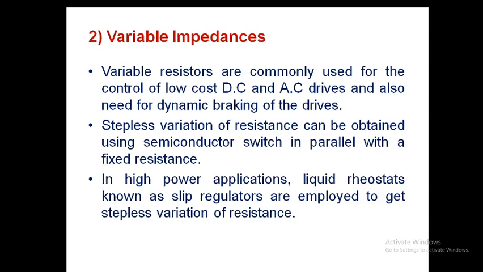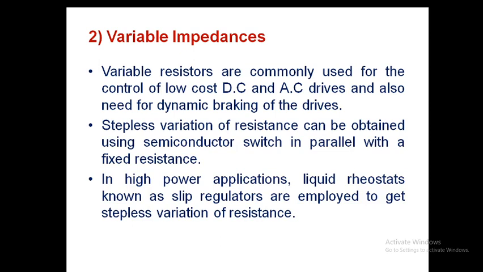By turning on the switch, your resistance is 0 because it is connected in parallel, simply short circuited. By turning off the switch, the complete resistance will be across those points.